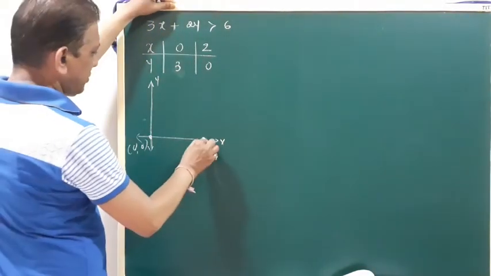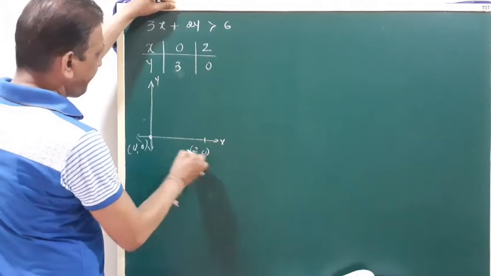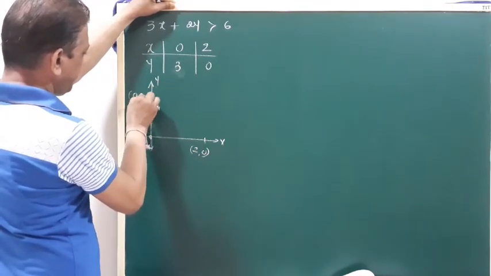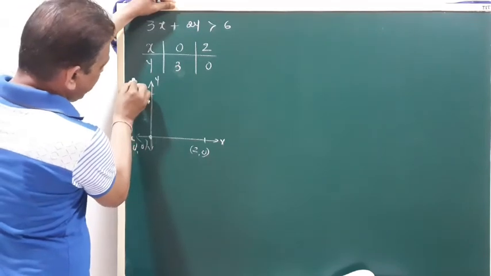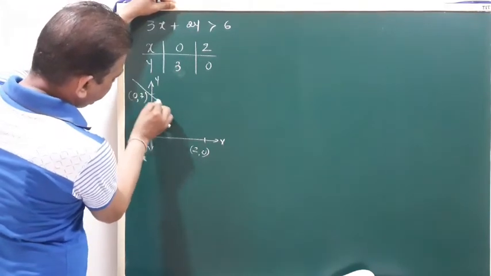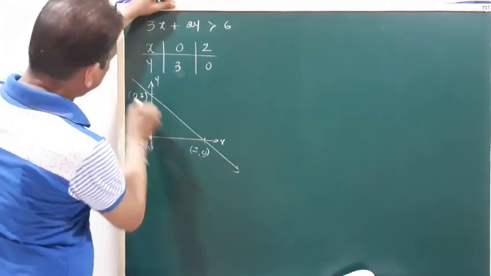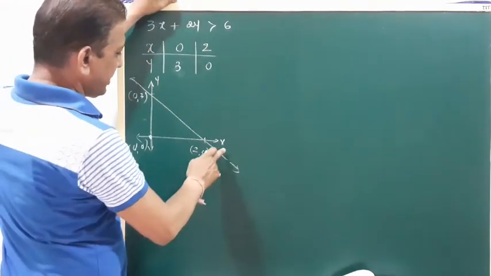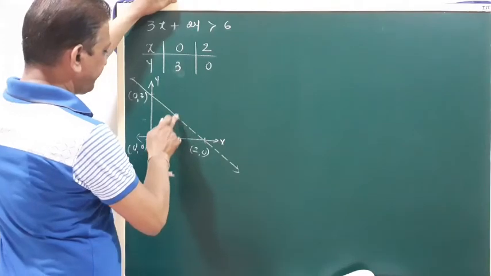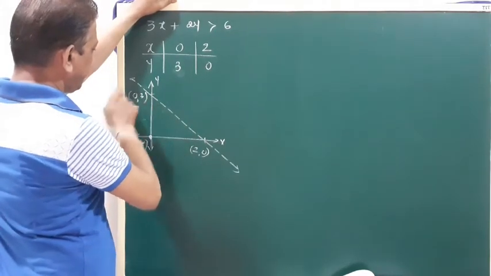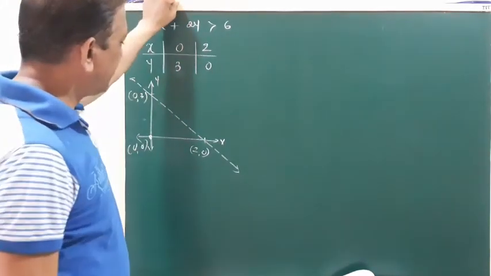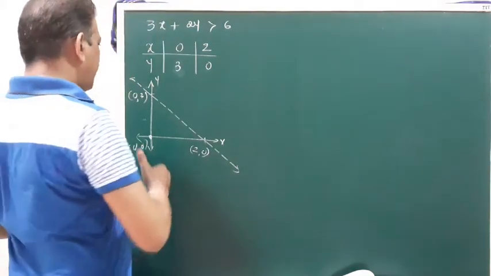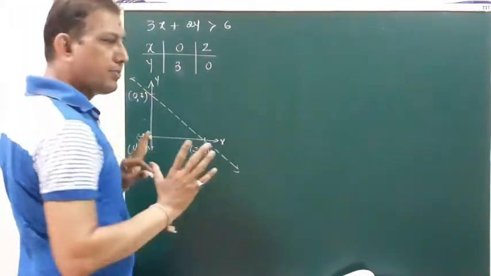Now x equal to 2 gives the point 2, 0, and y equal to 3 gives the point 0, 3. Now draw the line by joining these points. But here the equal to sign is not given, so we draw the graph dotted.